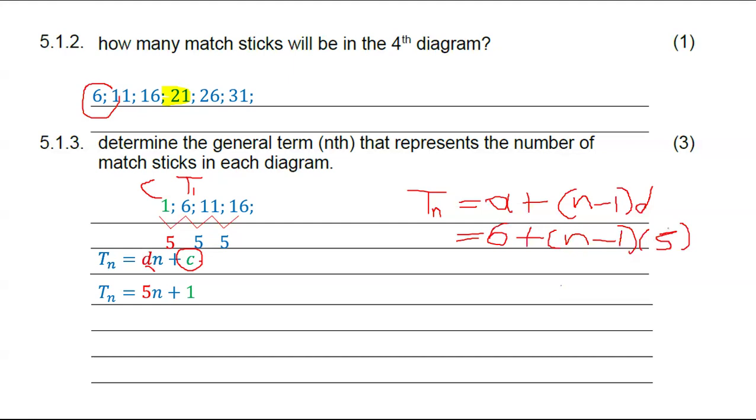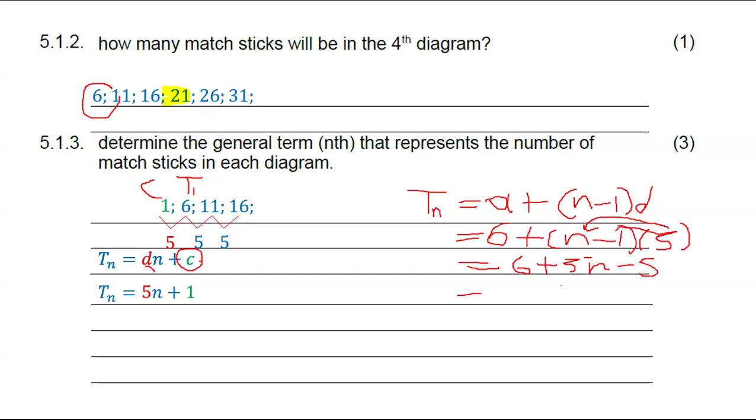To break this bracket, you say 5 times n, which gives you 5n, and 5 times negative 1, which gives negative 5.